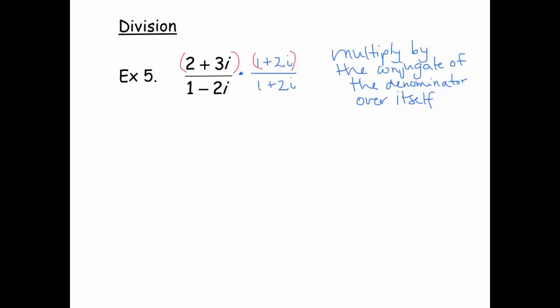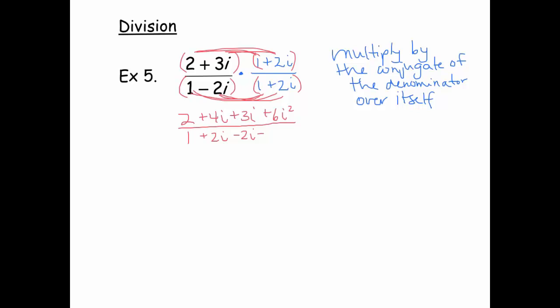Let's do that. We will get 2 plus 4i plus 3i plus 6i squared. So that's the top. Now let's do the bottom. 1 plus 2i minus 2i minus 4i squared.